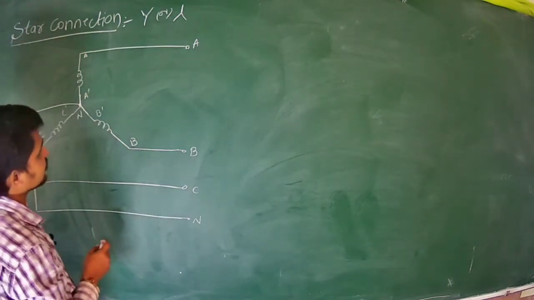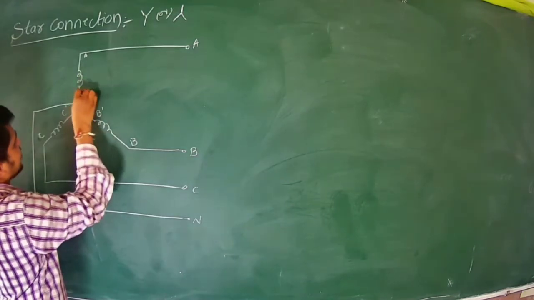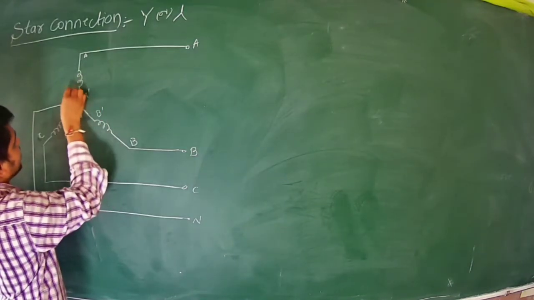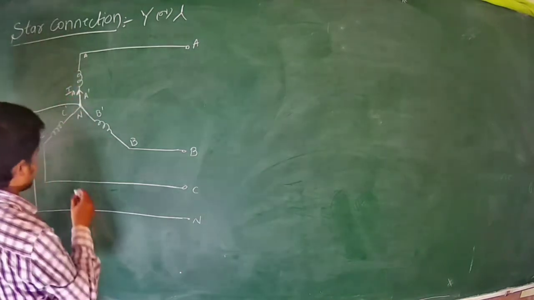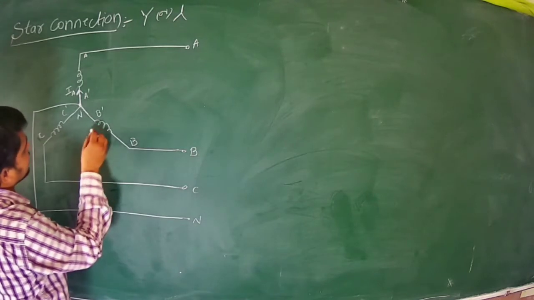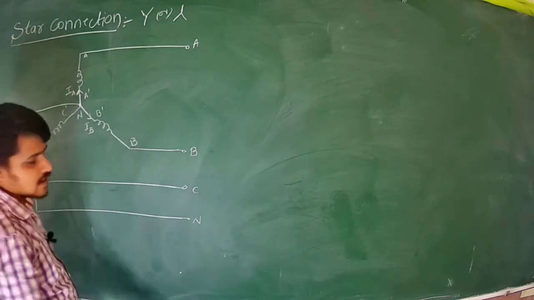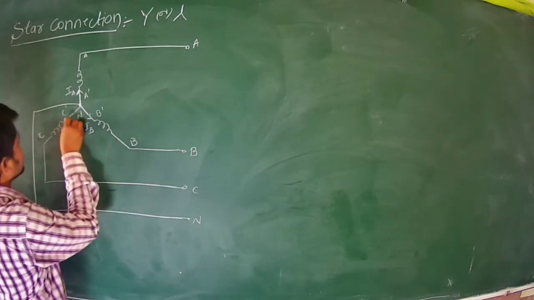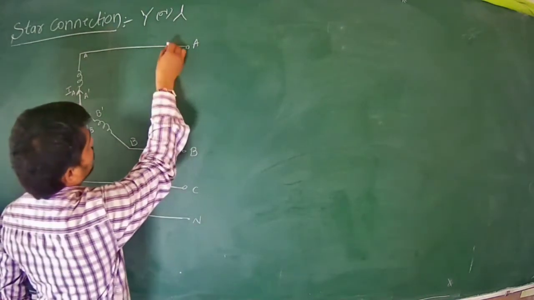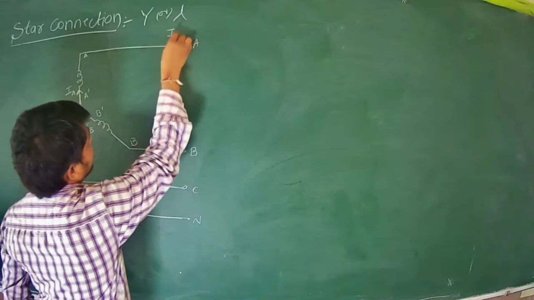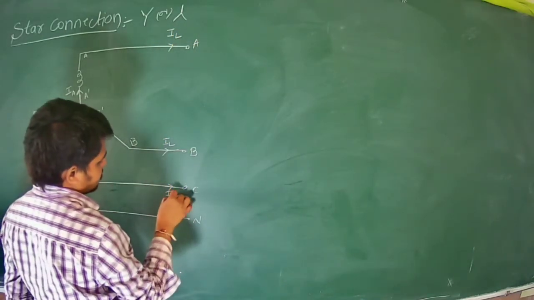Now as a current is generated inside this phase, let us say this current is IA, the current generated inside phase B is IB, and the current generated inside phase C is IC. Whatever currents are coming out are called line currents.